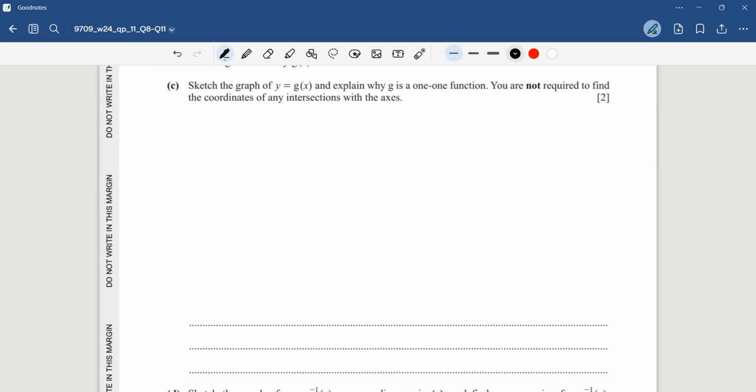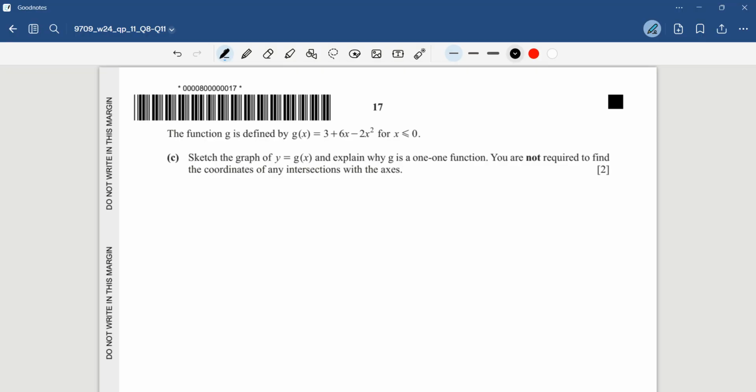Now the function g is defined by this, the graph of y equal to g(x) as I explained before. They said it is x less than 0 only, so the domain is restricted. So we just sketch a simple graph first. Just now it was something like this, correct? When it says less than 0, only this part is available, so this part is no longer there.